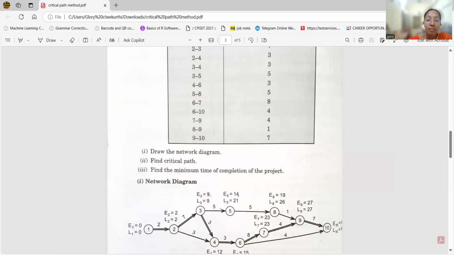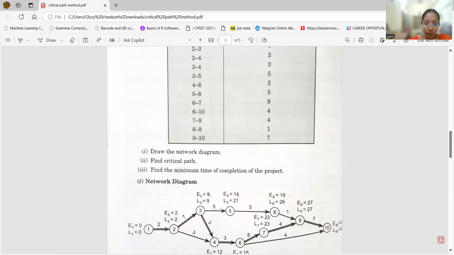Before completing the third activity, we have to add the earliest time of the previous node to find E3. For example, to find E3, we calculate the total time: the duration of activity 1 to 2 and activity 2 to 3. This is 2 plus 7, 9. So we have to write 9.